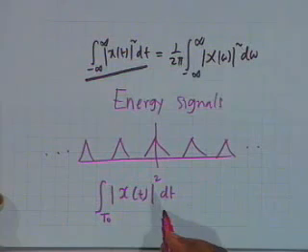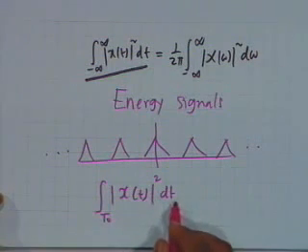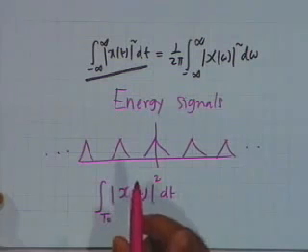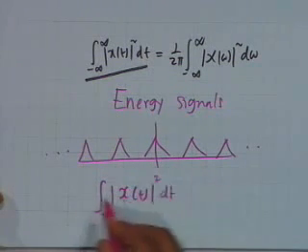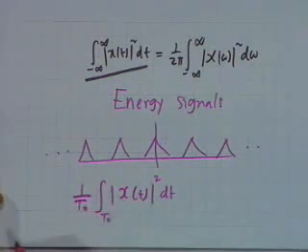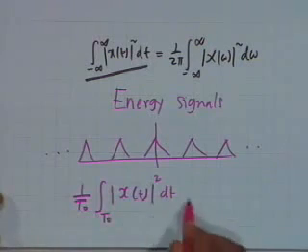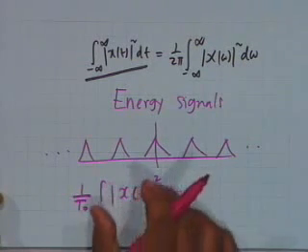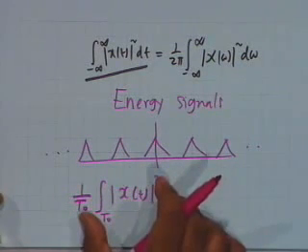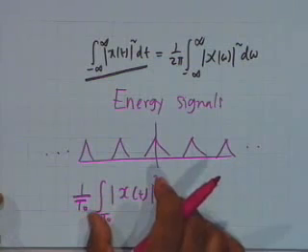A periodic signal is a power signal because the energy within one period is bounded, and if you divide by T0, then this is the energy per unit time, or the power computed over one period.